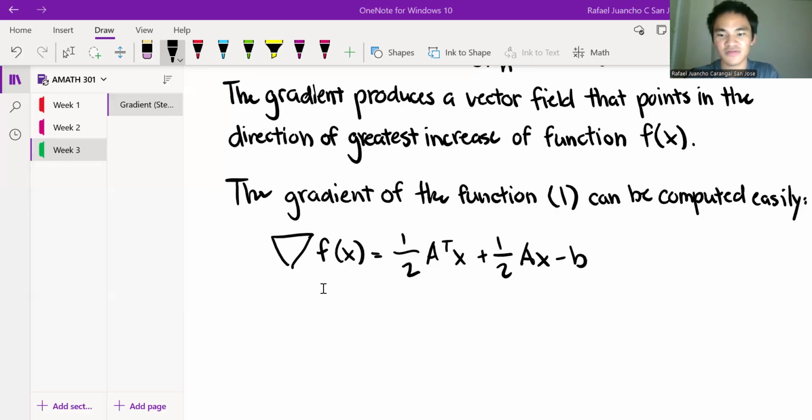Not super sure if that's the idea. Oh, so I'm taking the vector of partial derivatives. So it's a multivariable derivative. Okay.